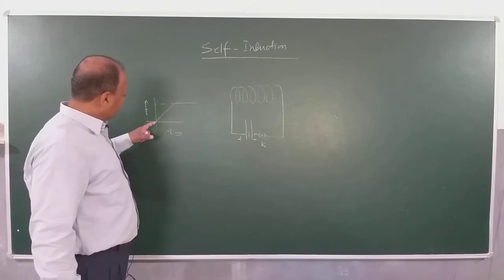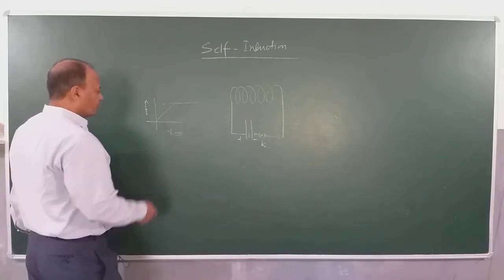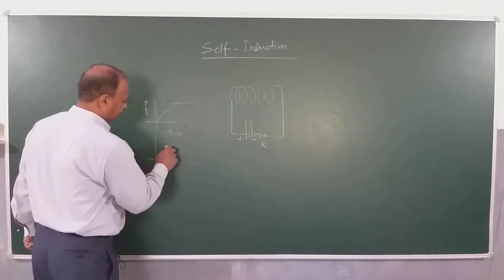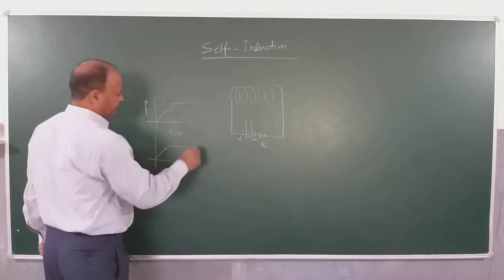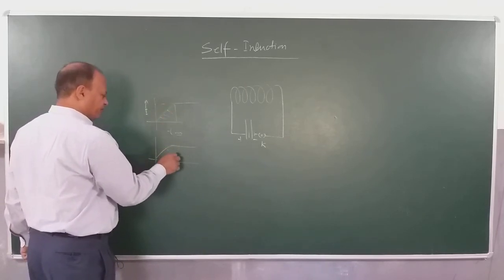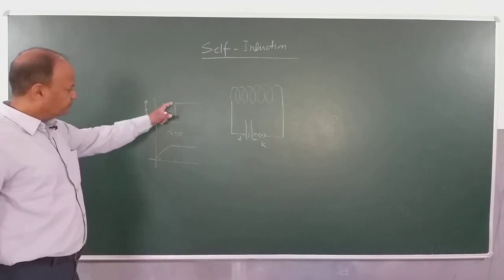Current actually initially increases like this, or maybe like this, curve and then straight. Now in this part, we are interested in this part, not in the nature of the graph. Look at this part.